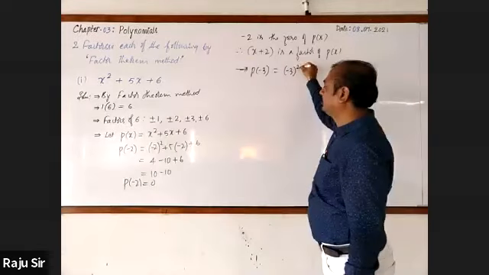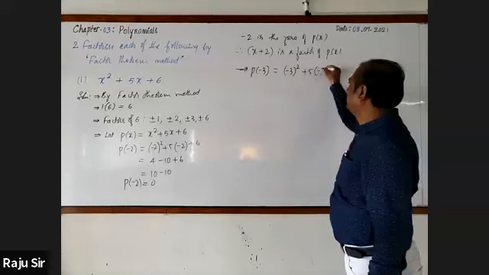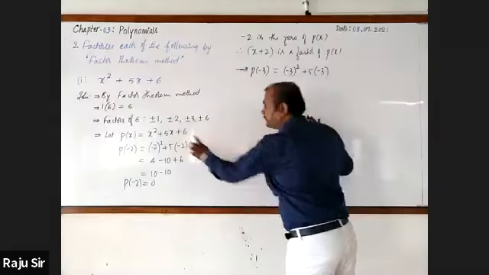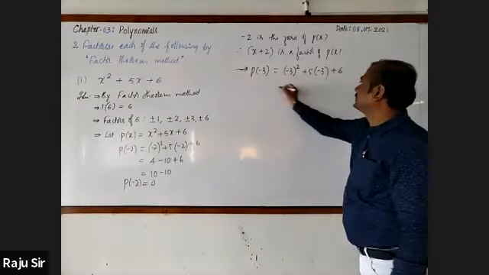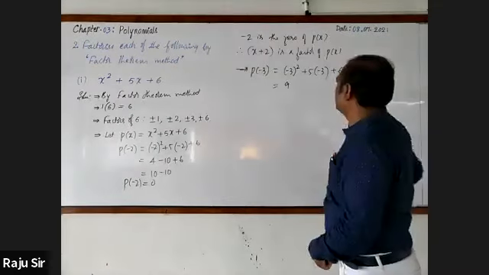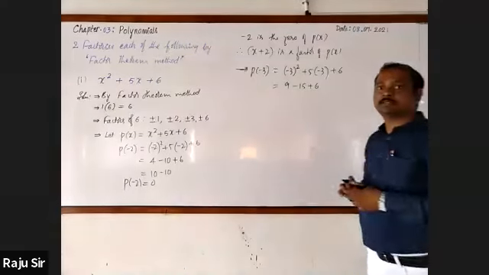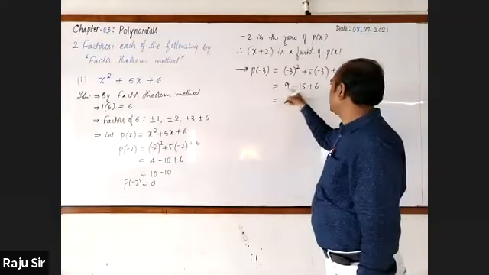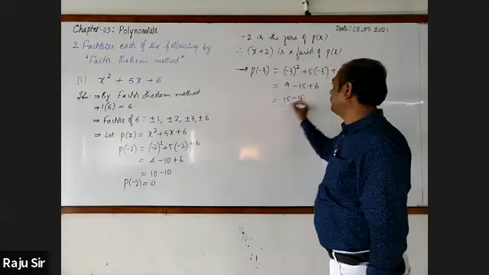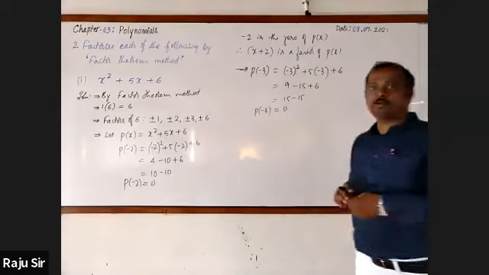Minus 3 whole square plus 5 into minus 3 plus 6. It is equal to minus 3 whole square is 9. 5 into minus 3 is minus 15. Then plus 6. It is equal to 9 plus 6 is 15. 15 minus 15 is 0. P of minus 3 is 0.